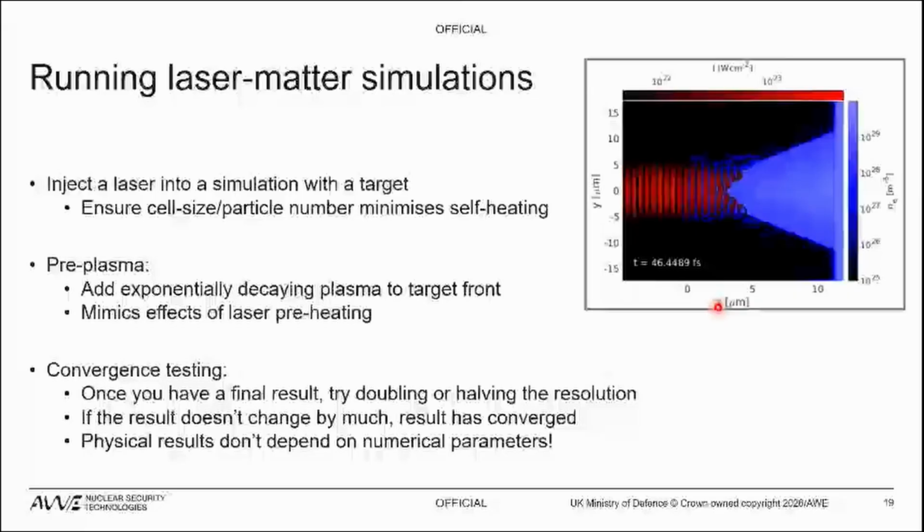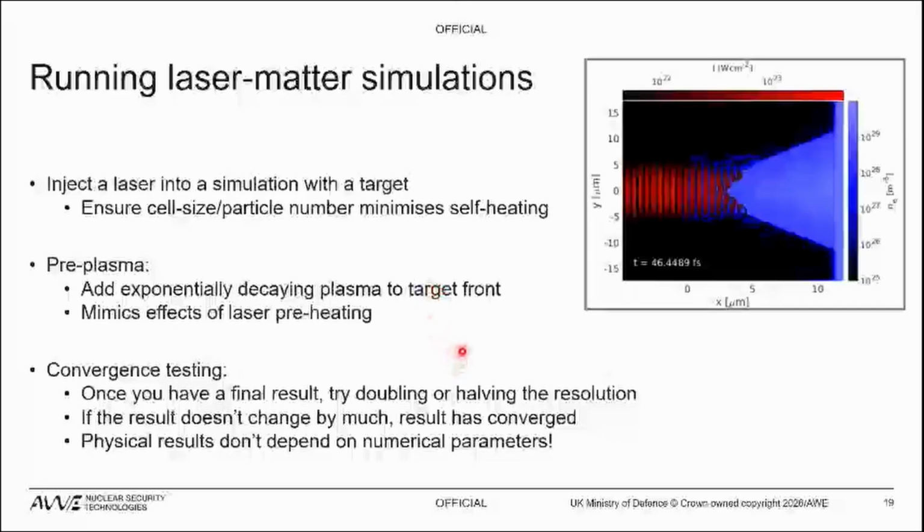Typically, at least in a laser solid simulation, you'll be shooting a preformed plasma with your main pulse, what we call the pre-plasma. So you can add an exponentially decaying plasma to the front of your target to better model this physical reality. And you can model the pre-plasma with different codes. You can try a range of different pre-plasmas to see how pre-plasma behavior affects absorption. These are all things that you can look into.